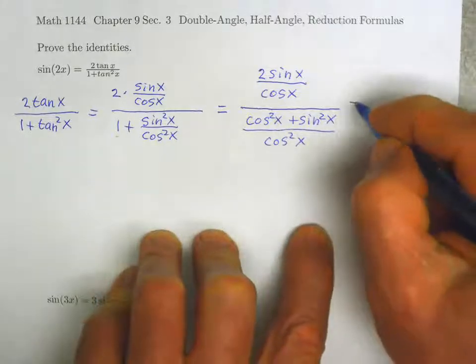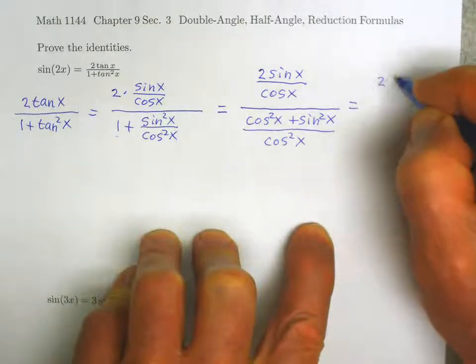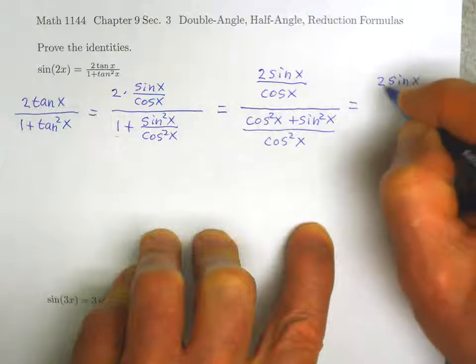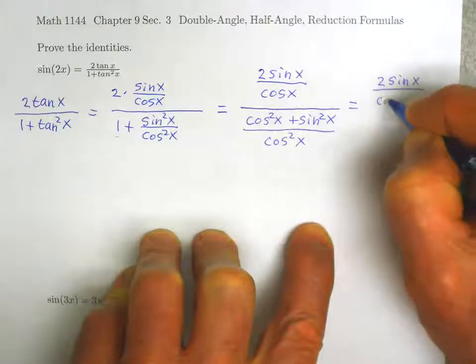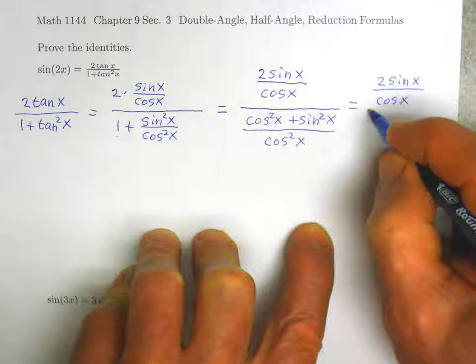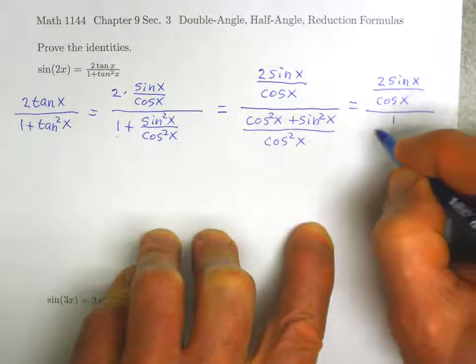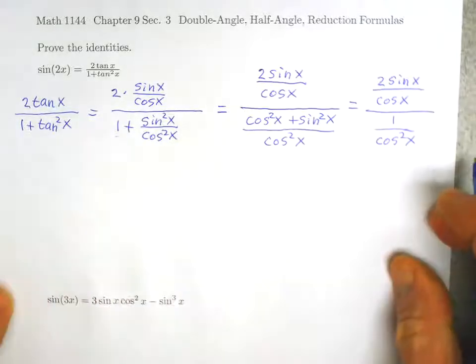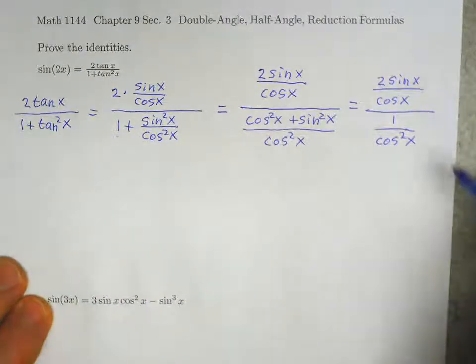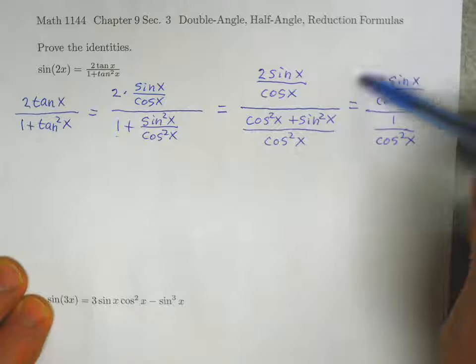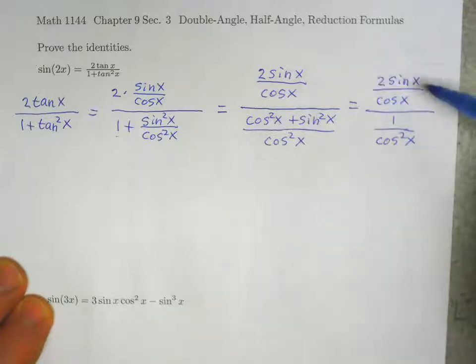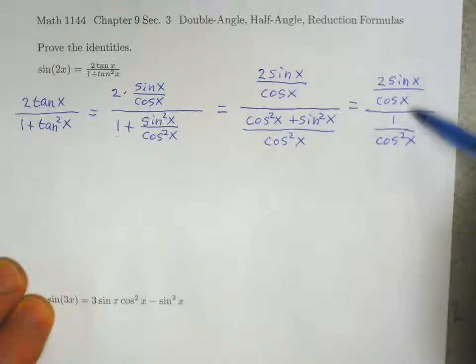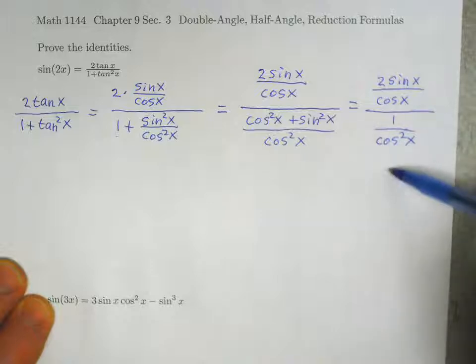So I'll write one more intermediate step, 2 times sine of x over cosine of x divided by 1 over cosine of x squared. And then another familiar maneuver whenever you divide a fraction by another fraction.